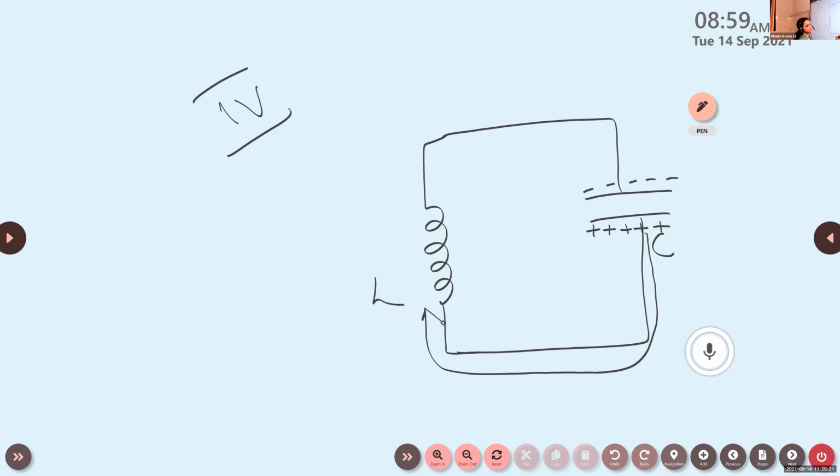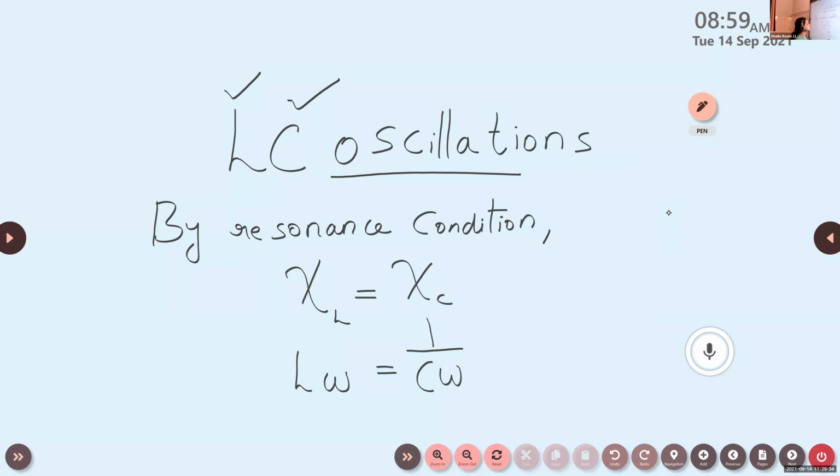So in the fourth case, the energy stored in the capacitor becomes equal to 0, because all the charge from this capacitor moves from capacitor to inductor.